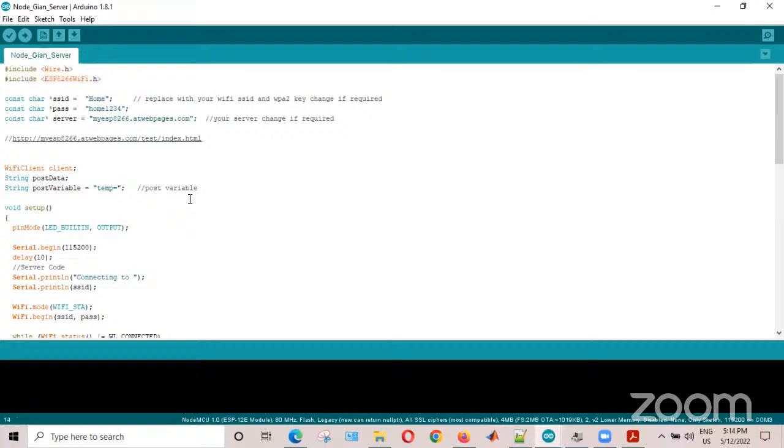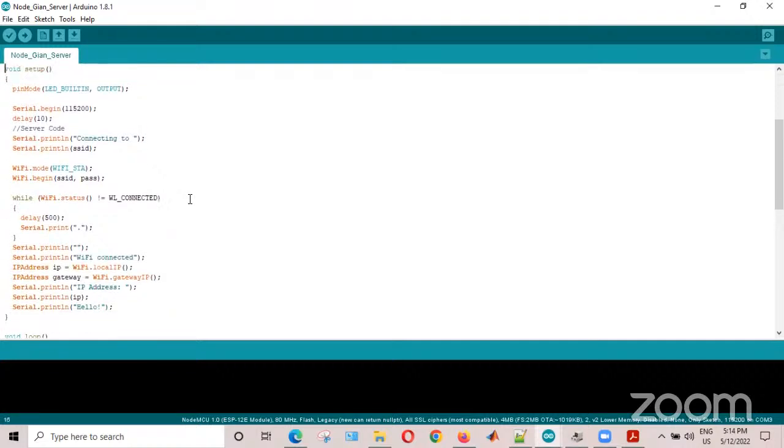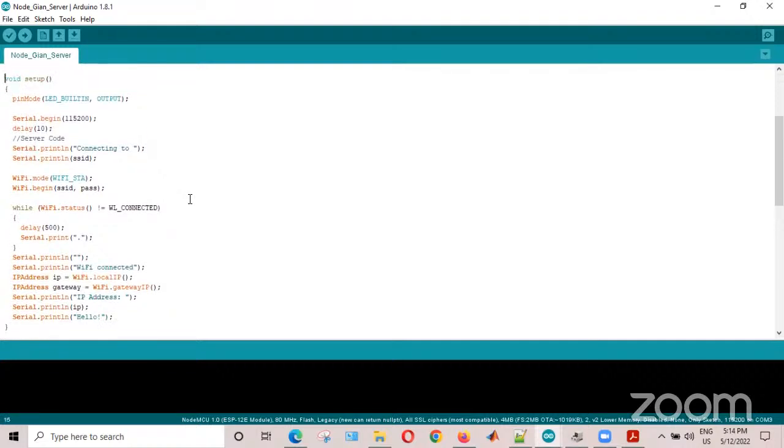In the first function, that is the initial function, the setup function, I am telling it to make the built-in LED an output pin. Then Serial.begin is for logging the data onto the board's own system that we saw in the serial monitor. Then I am connecting it to my Wi-Fi.